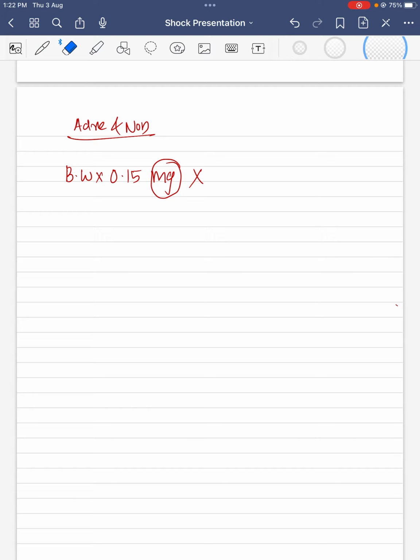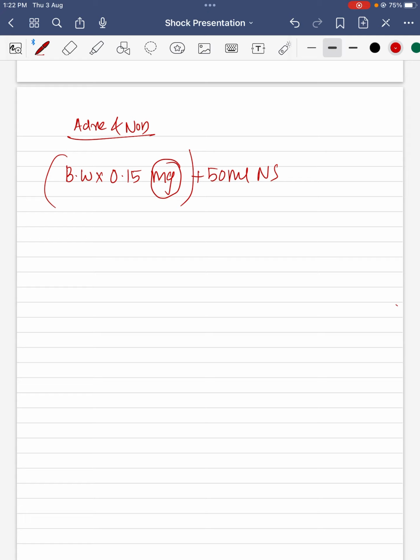It is like this. For adrenaline and noradrenaline, you follow this one. Body weight into 0.15, in milligram, understood, and dilute this amount in 50 ml of NS.